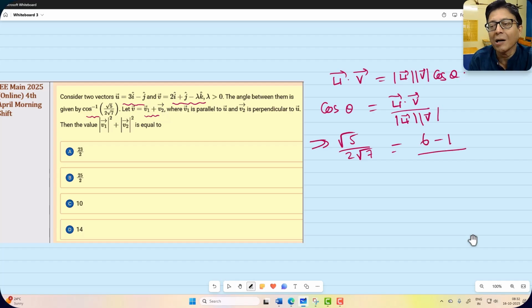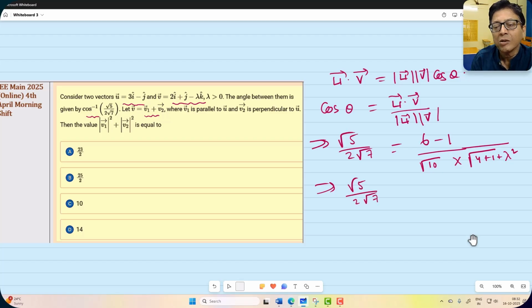minus 1 by root 10 multiplied by root of 4 plus 1 plus lambda square. I have taken modulus of U and V. So this is root 5 by 2 root 7 equal to 5 by root 10 root 5 plus lambda square.